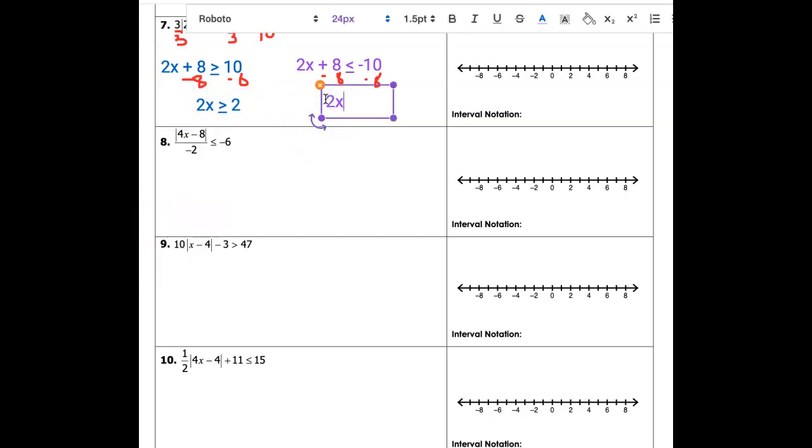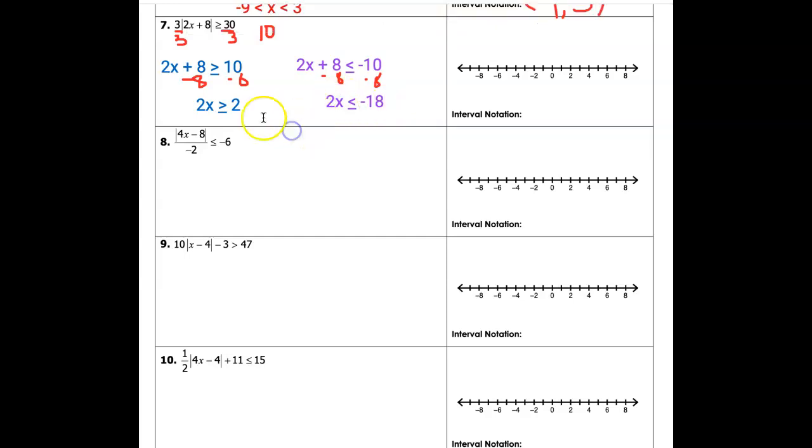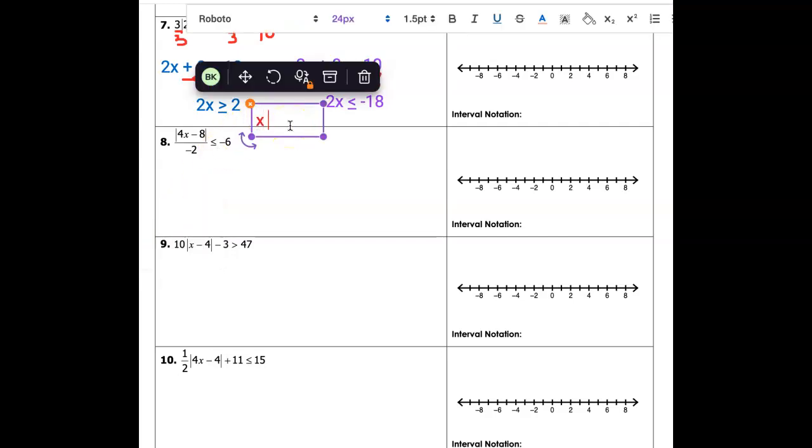Here we have 2x is less than or equal to negative 18. So then our final solution would be x is greater than or equal to 1, or x is less than or equal to negative 9.